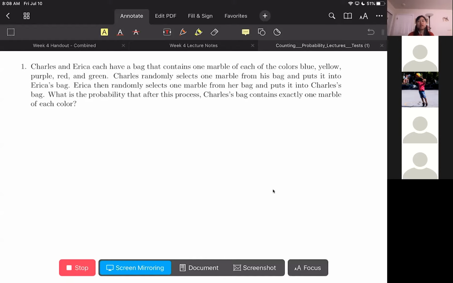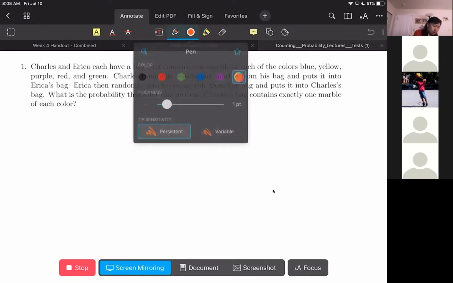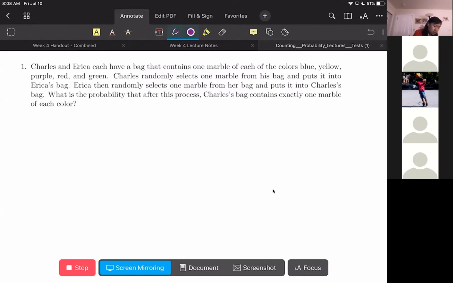So there's 2 marbles that she could choose to make it happen out of 6 total. So the answer is 1/3. There's not a lot of calculations that you need to do for this one. This is more about thinking through the word problem and turning it into a probability.